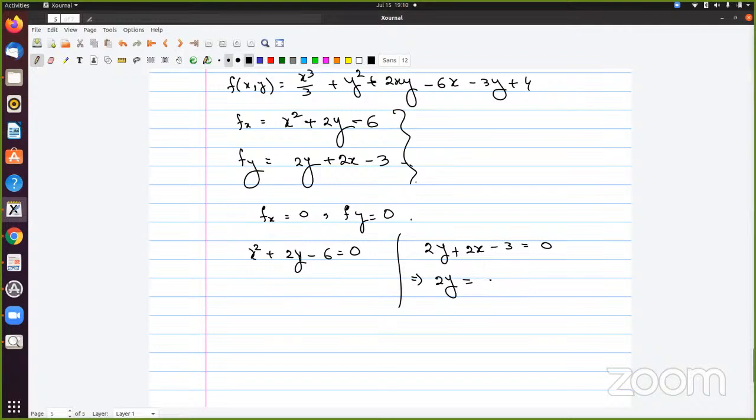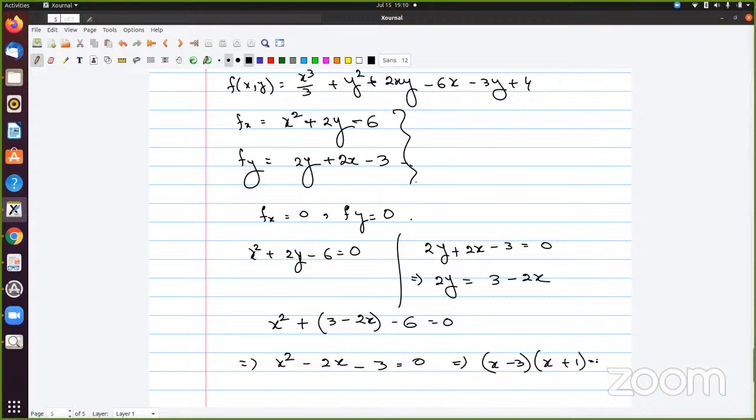So 2y is equal to 3 minus 2x. I will substitute it here. So x square minus 2x minus 3, right? So (x minus 3)(x plus 1).